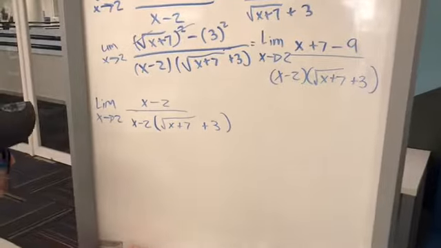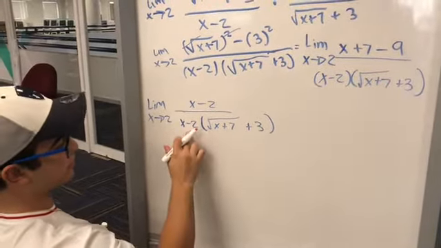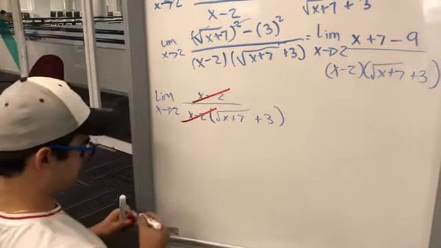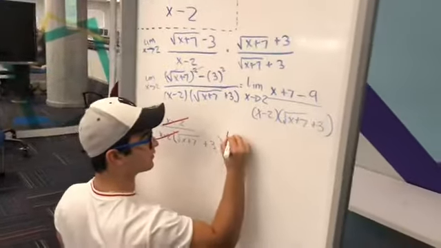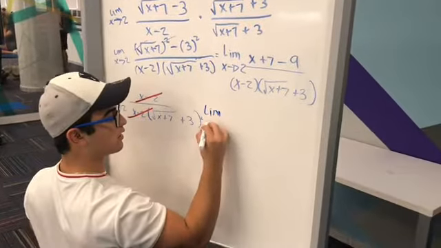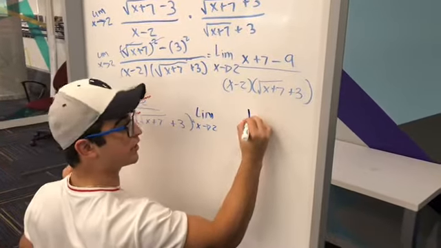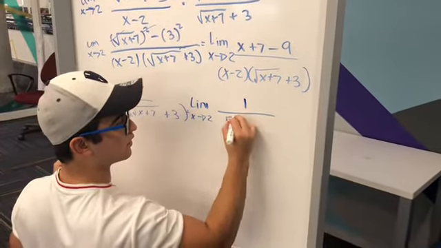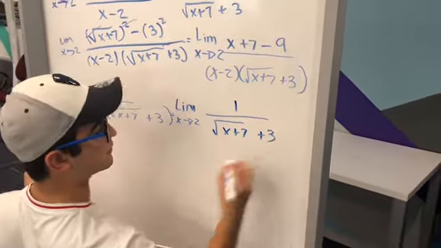And the next step is that you will cancel the common terms, the numerator with the denominator, which is x minus 2 and x minus 2. You will be left with the limit of x approaching 2, numerator of 1, all over the square root of x plus 7 plus 3.